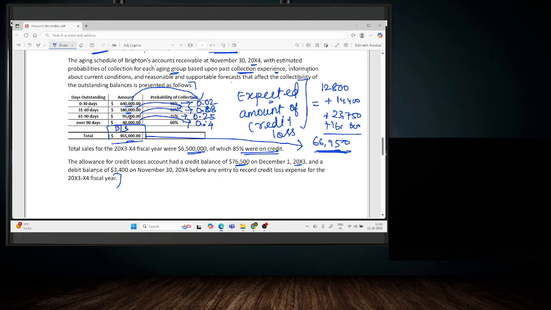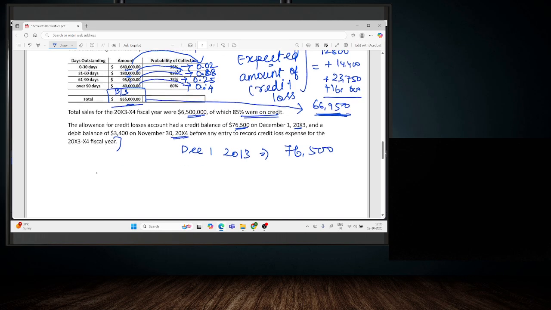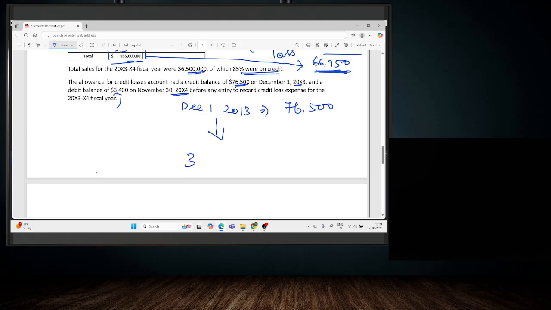And a debit balance of 3,400 on 30th November 2014. So exactly 1 year from this date, at the end of the year, that is November 30, 2014, we are having 3,400 rupees of debit balance.